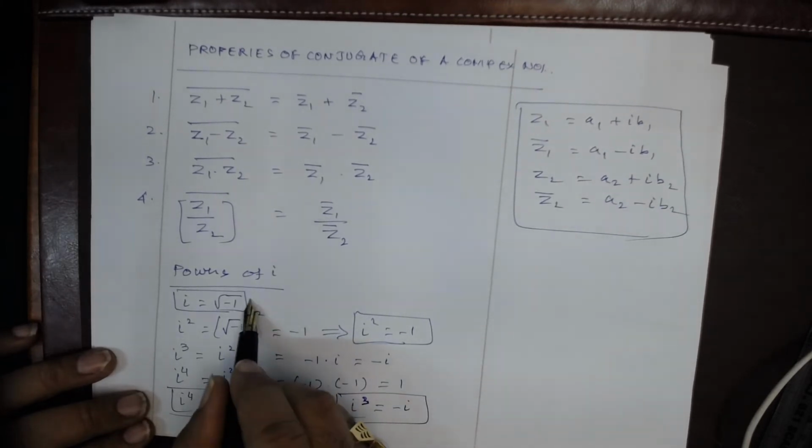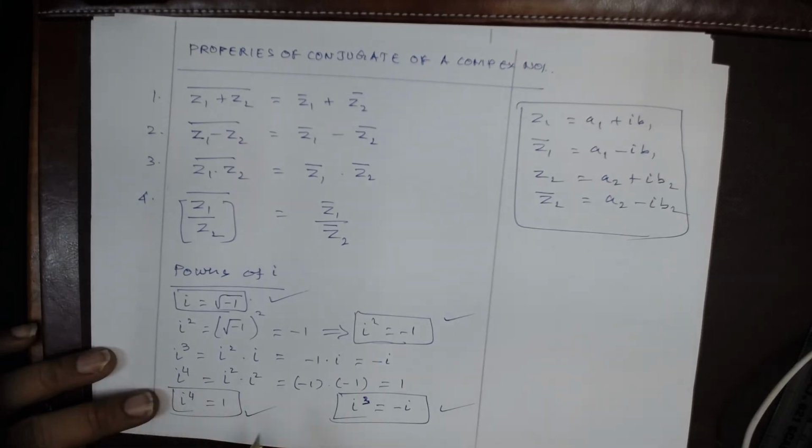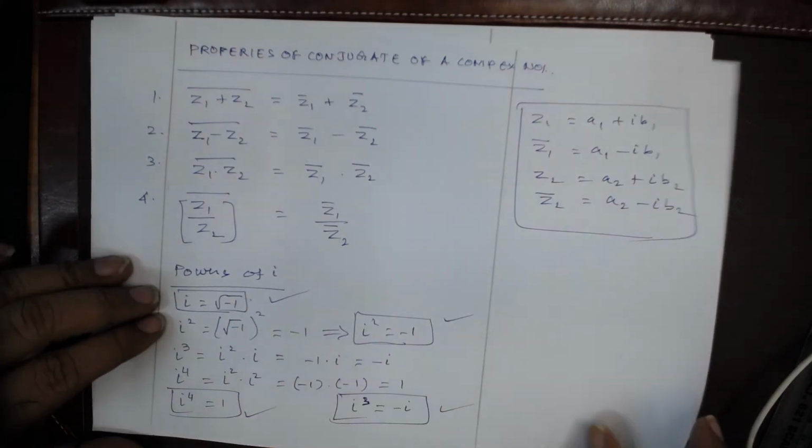So you should remember all these things. 1, 2, 3, 4. So every fourth power will be 1. i power 4, i power 8, i power 12, i power 16. These are all equal to 1. Okay. So with this background, we will be explaining some of the problems.